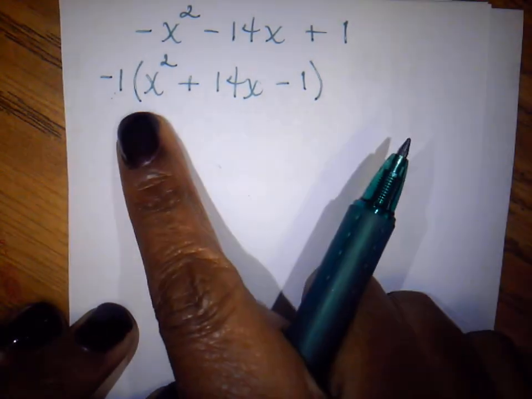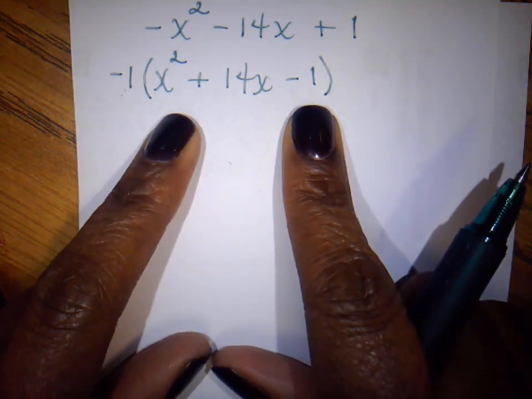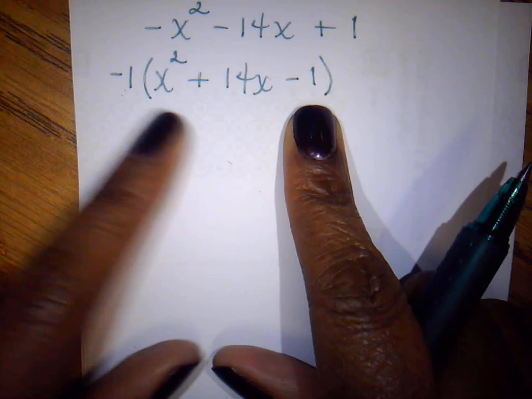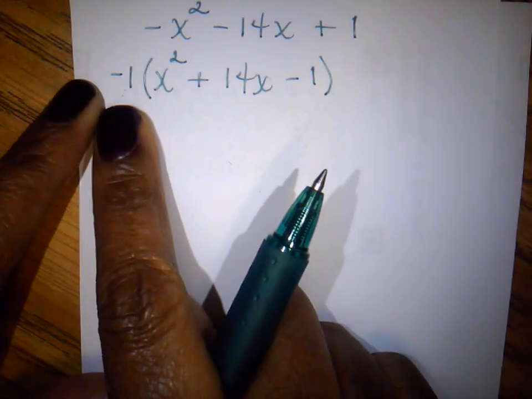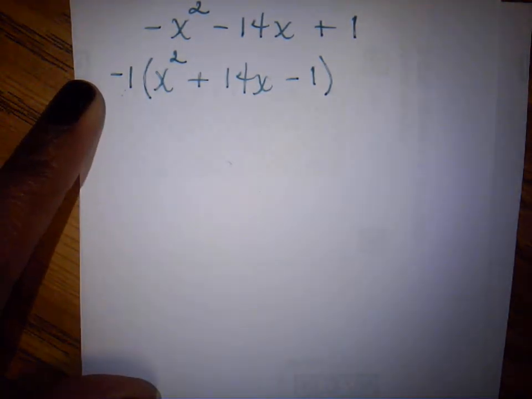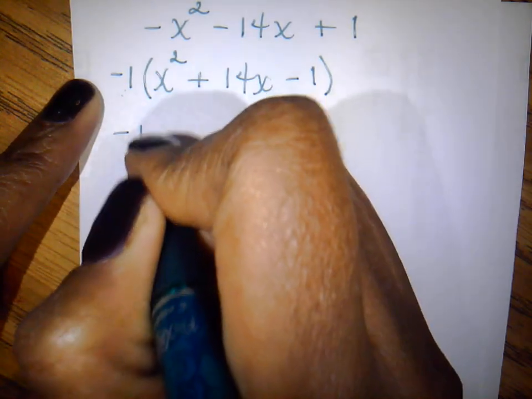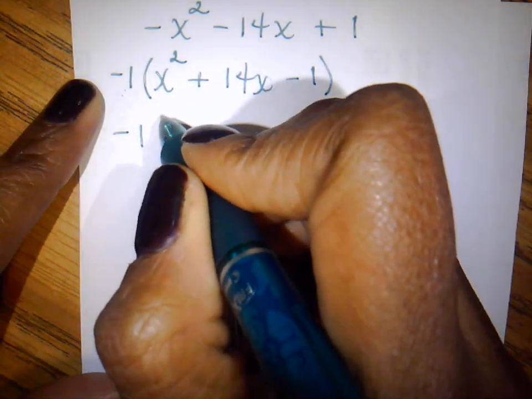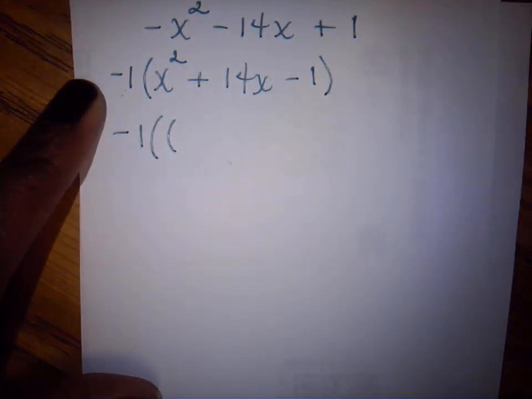All right, folks. So now we have what looks like normal inside of these parentheses, don't we? So we're going to go through the motions, but we're going to have to put a double set of parentheses here because we have to accommodate this negative 1 throughout the entire problem. Watch this. I'm going to have a negative 1, open parenthesis, open parenthesis.